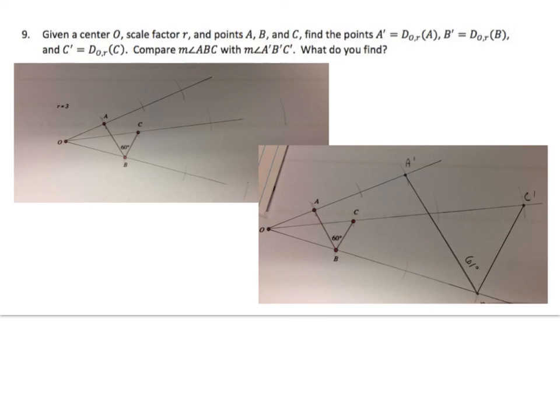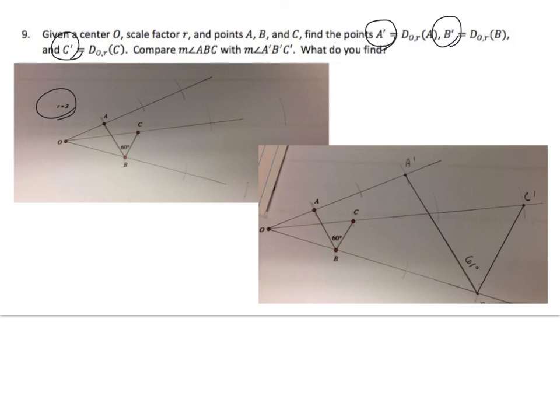Okay, last one. Given a center O, a scale factor R, and points A, B, C, find the new points. Okay, we're dilating. Compare the measure of angle ABC with the measure of angle A prime B prime C prime, and what did you find? So first we needed to draw a ray through our center and our point. As you can tell, I did not make C long enough or B long enough.